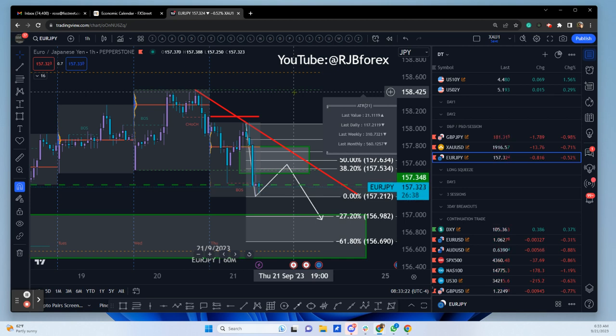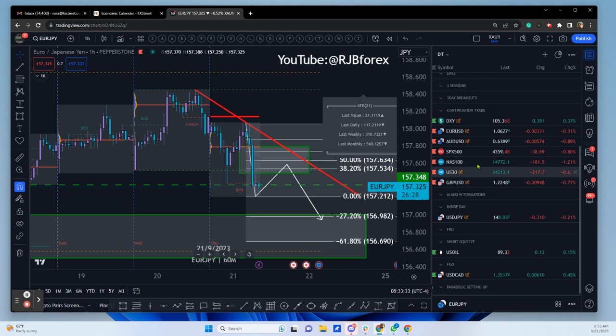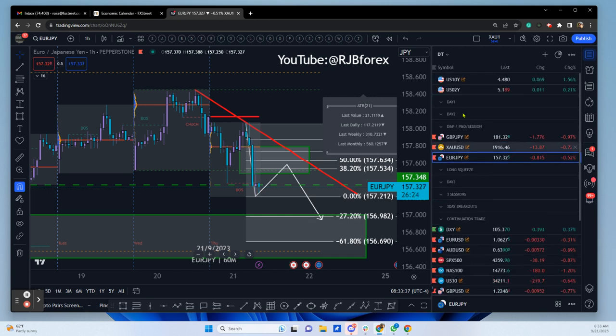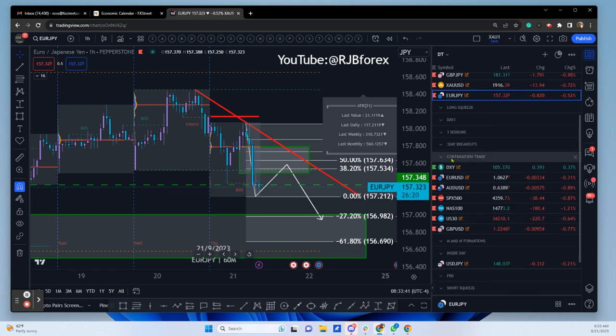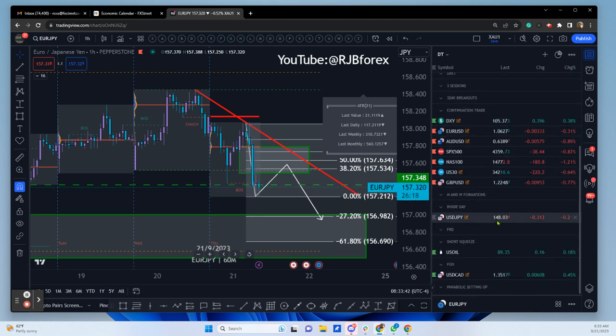Right then, so any other queries, guys? Dollar yen. Dollar yen, expect it to be rallying up towards 150. Where is it? I haven't got it on my watch list for some reason. There it is.